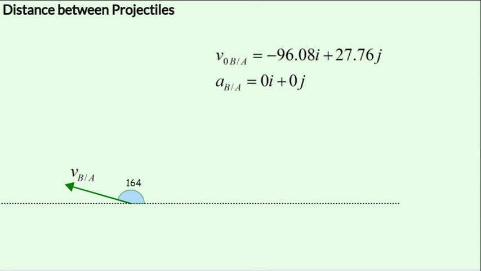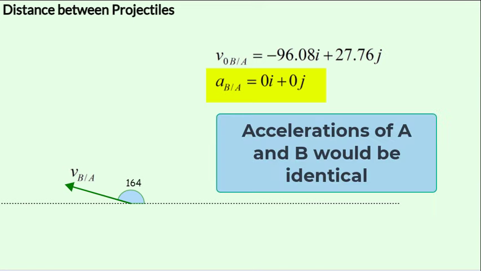And the acceleration of B with respect to A will be 0, since they both have no acceleration along the x-axis, and they have an acceleration of minus g or minus 10 along the y-axis.